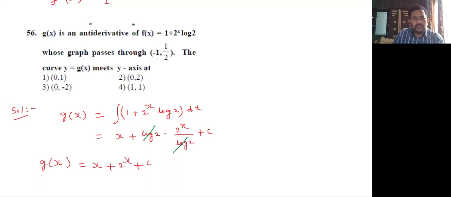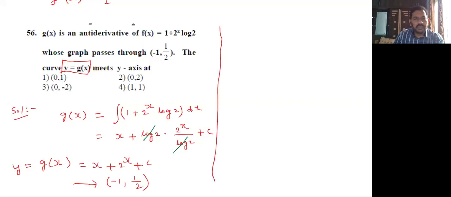But observe the question, y is equal to g of x given. So I have taken y. Y is equal to g of x, equal to x plus 2 power x plus c, and it is passing through minus 1 comma 1 by 2. That means here we need to find the c value. These types of problems are important in mains.